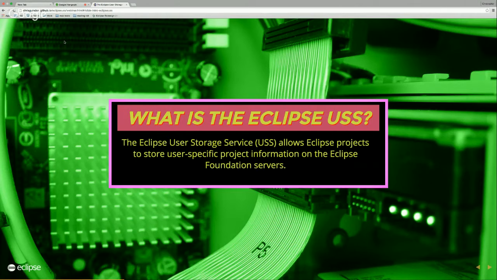RESTful web services work best for the web. They make it possible for an external application, in this scenario the Eclipse IDE, to interact with our server, basically API.eclipse.org. As I mentioned, the most common CRUD operations are reading, creating, updating and deleting resources. And resources in this case are blobs.